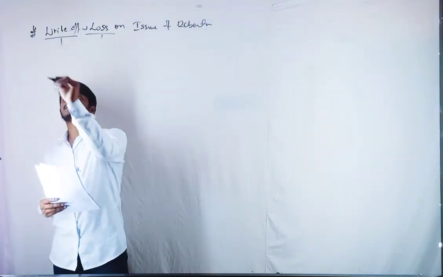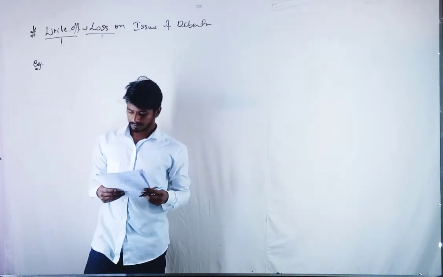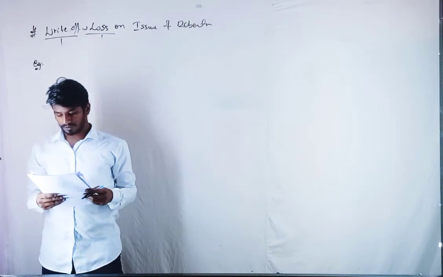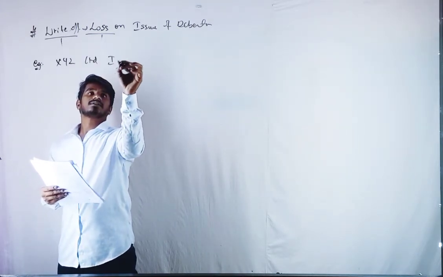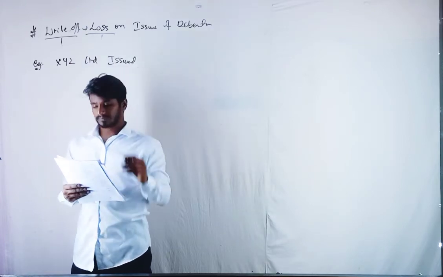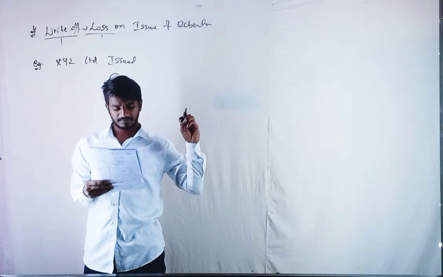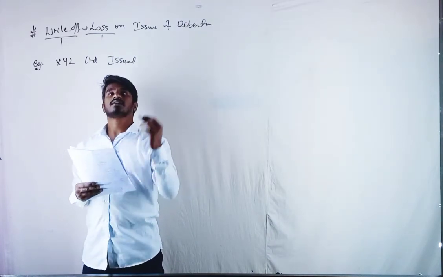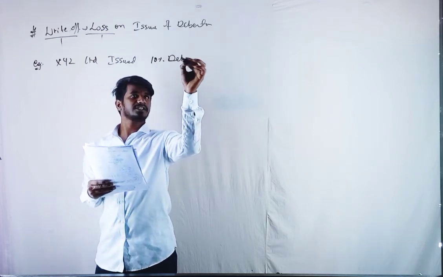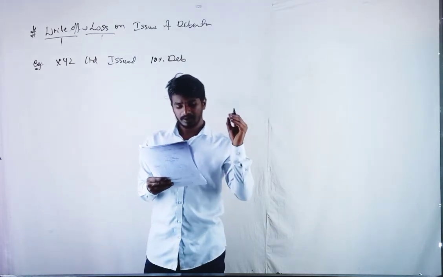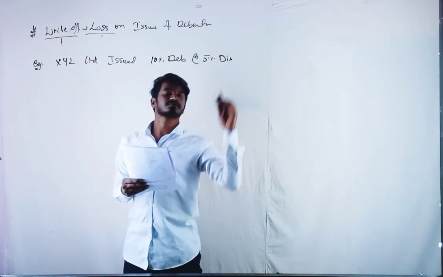Let me take an example. XYZ Limited issued 50,000 10% debentures at 5% discount. Issued 10% debentures, it is the coupon rate, and at 5% discount.